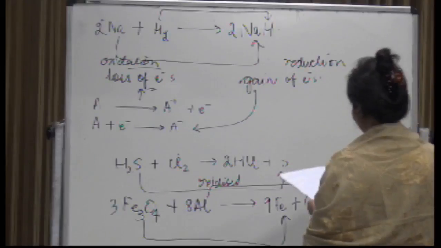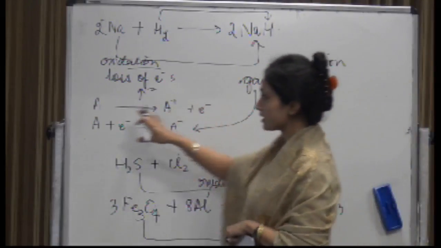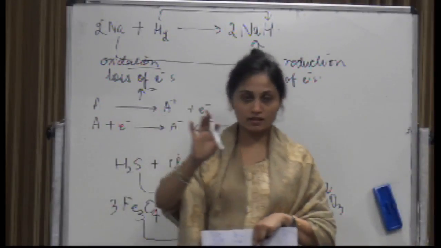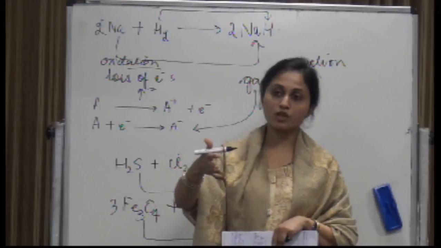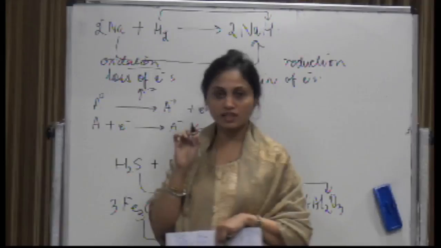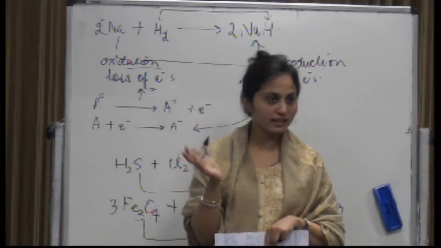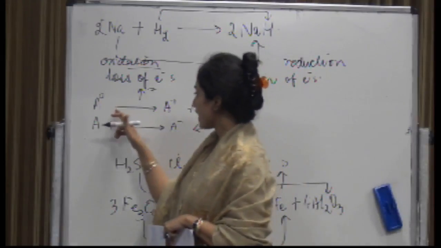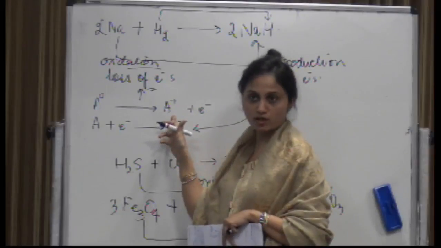Okay, so now if I have to talk about this, then I will clearly state the rules of the oxidation number, but before that just look at it. This A will be taken as a 0 state, pure state as 0 oxidation number, and now it is going to +1 oxidation state.